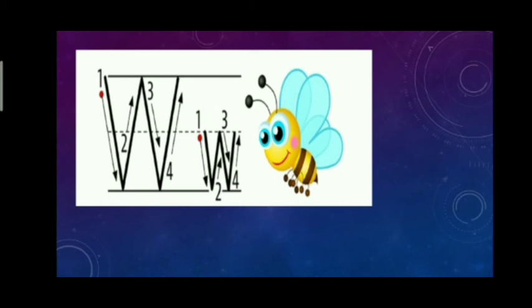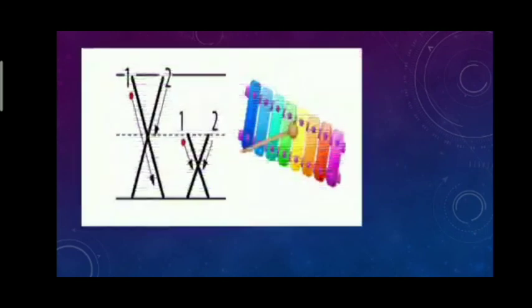Starting with the red dot, small w. This is also same as capital W, just it is between two lines. Coming to next letter, X. X for xylophone.